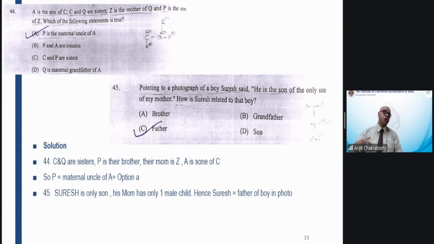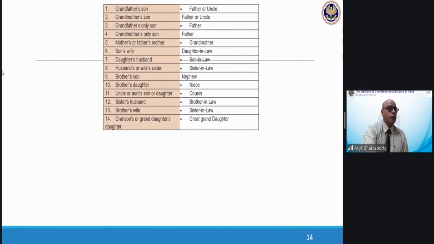In other words, Suresh's mother and father might have more than one child, but they have only one son. They may have a daughter or daughters, but one son. So therefore, my mother's only son means it is Suresh, right? So this is the answer. Answer is option C. So with this, we come to the end of the session and we see the recap.